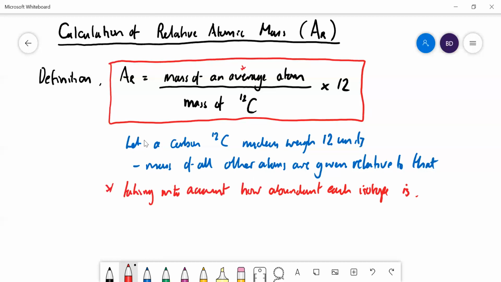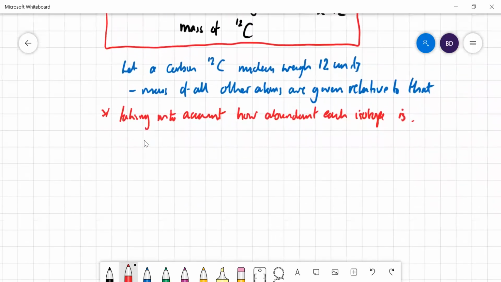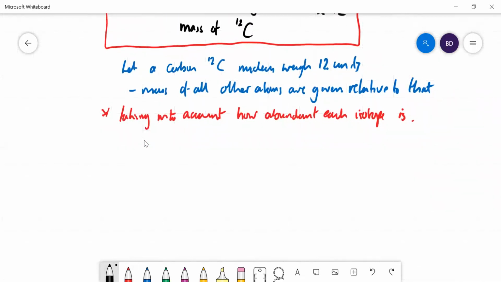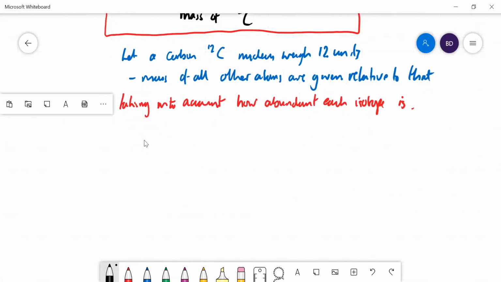Okay, so let's have a look at an example then. The example we're going to use is magnesium. They do ask these questions on GCSE, so this is not that difficult, but we'll do it anyway.